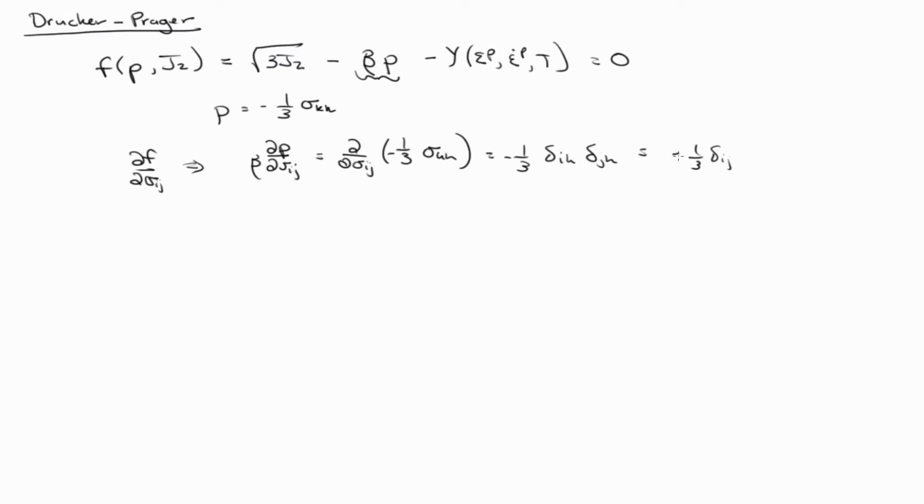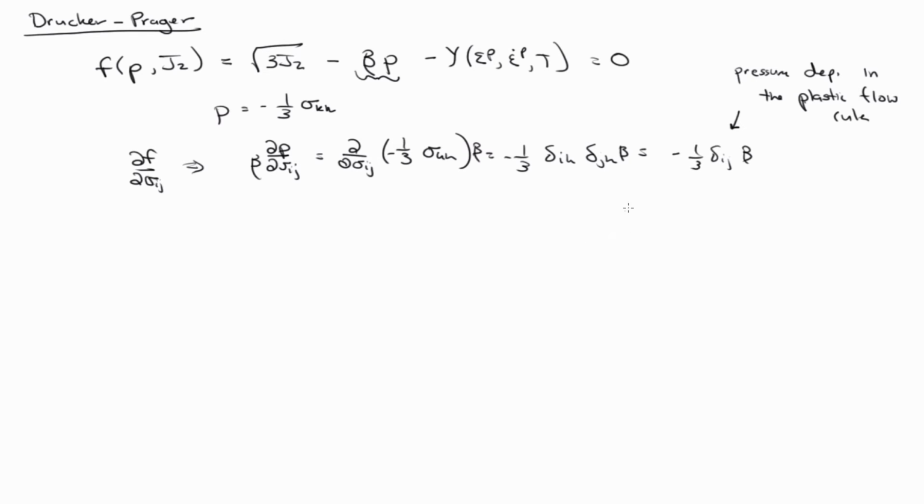And then there should be a beta term there the whole way, right? So this is just to point out that there's a pressure dependence in the plastic flow rule for this model.